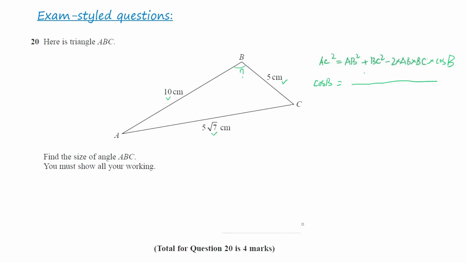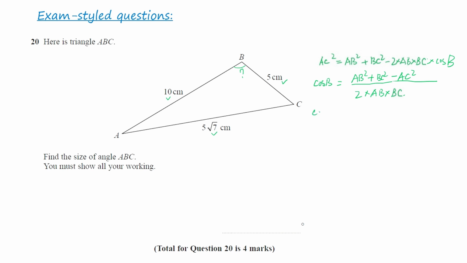So it will be AB squared plus BC squared, take away AC squared, and then divide by 2 times AB times BC.